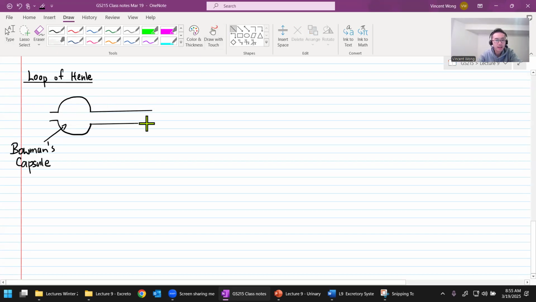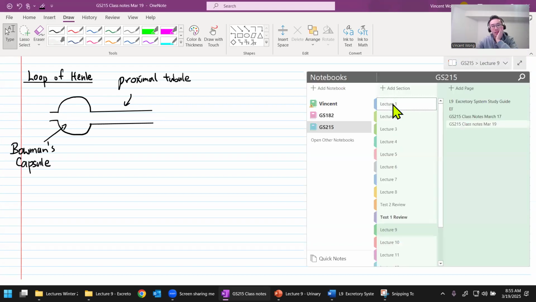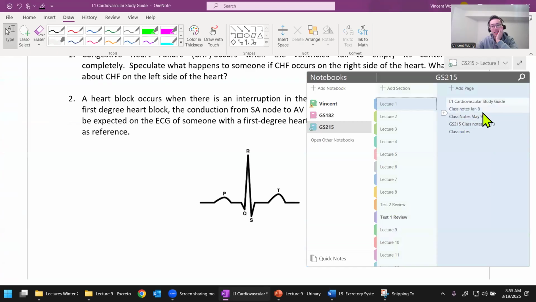Then we have the proximal tubule, which you also know. Now, long time ago, it feels like a long time ago, let's have some nostalgia here.